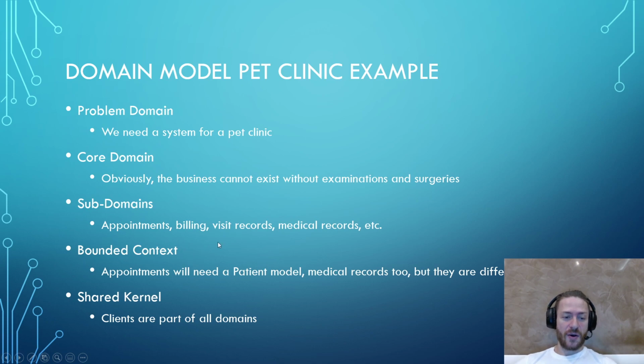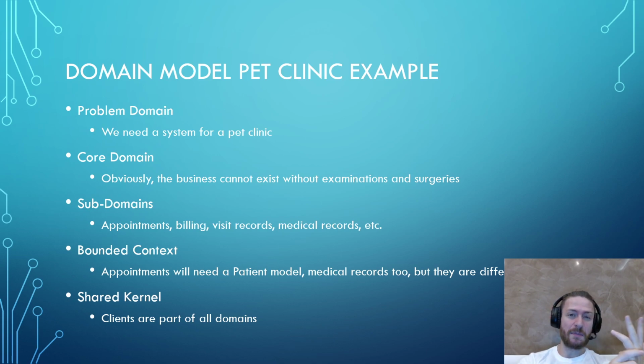Bounded contexts. We have appointments. That's one responsibility. We have medical records. That's another responsibility. These two responsibilities are quite different, the appointment and the medical record. But both of them have a patient model.